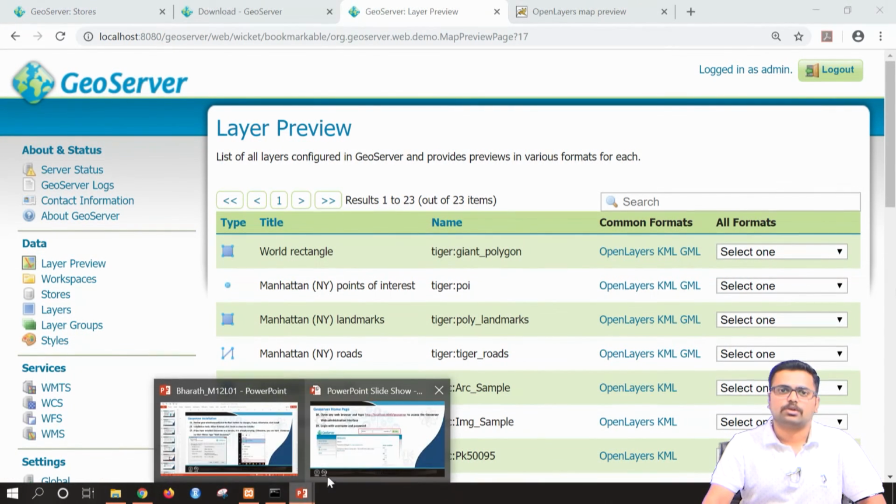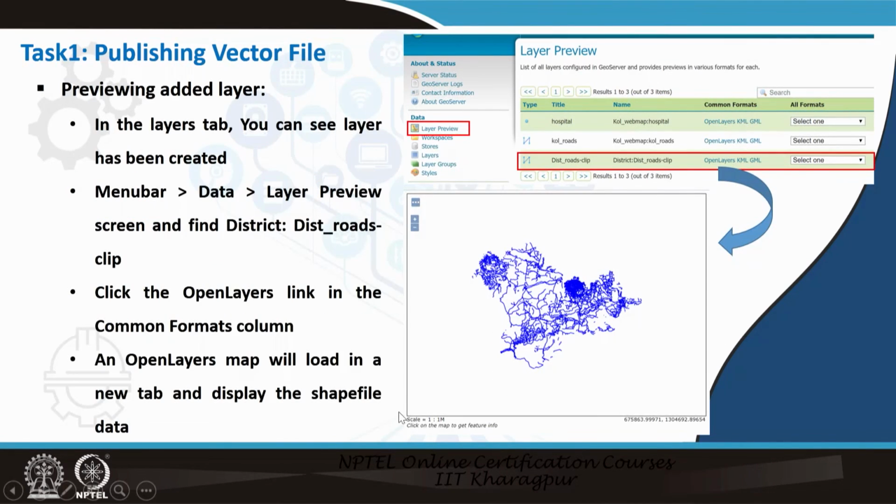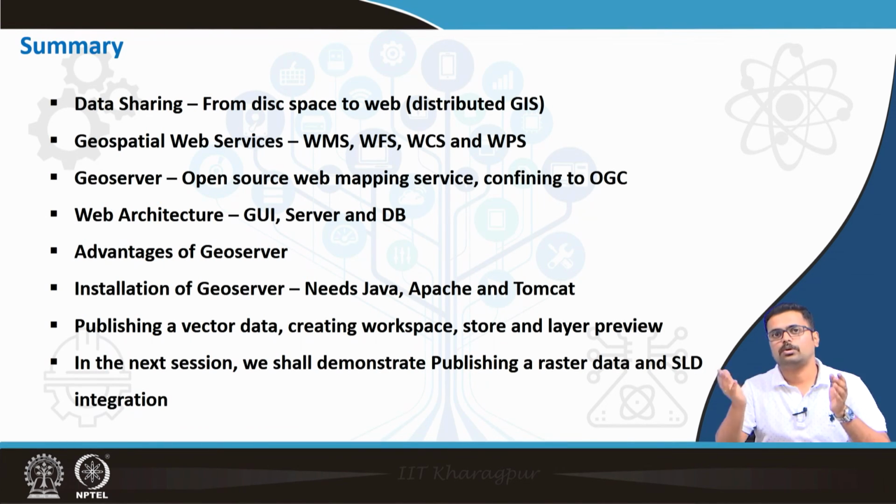We saw publishing the vector data, that is nothing but the district roads. And initially we started this class with data sharing, how data sharing has emerged from disk space to distributed GIS, geospatial web services such as web mapping service, web feature service, web coverage service, and web processing service.